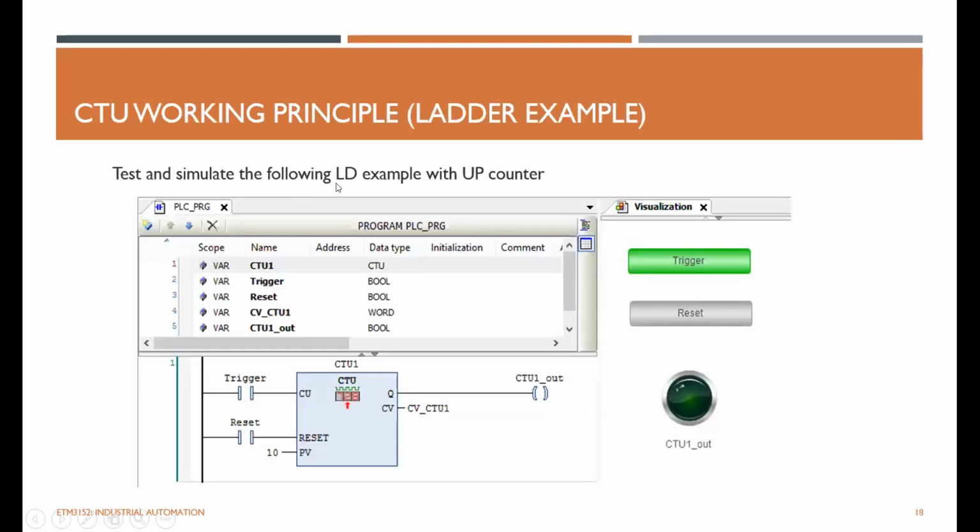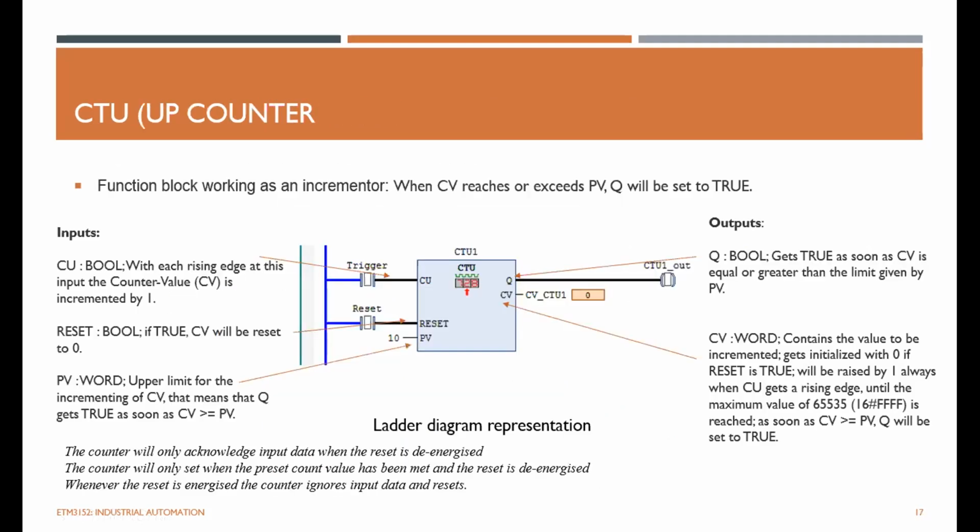So let's start with the up counter. In the up counter, basically we have this function block. So this is how it looks in CODESYS. You have several inputs and outputs.